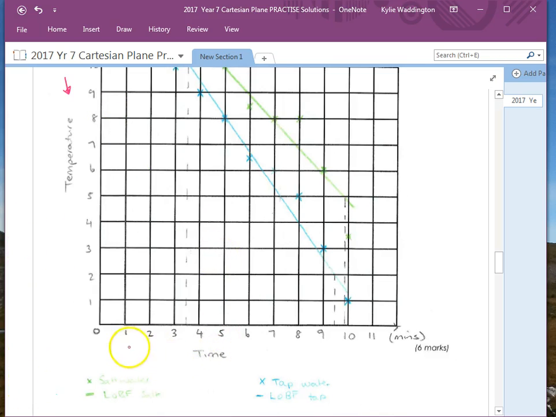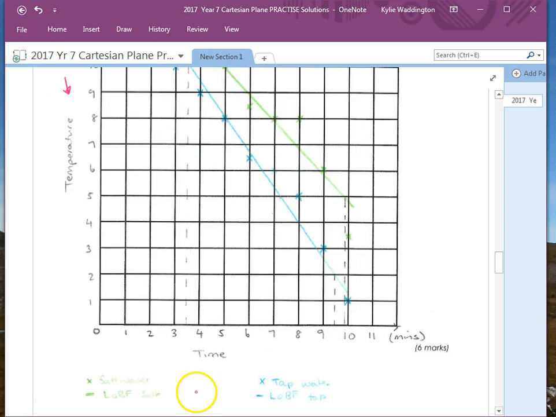And you'll see I've done the same thing for time. I've put the label down the bottom, the units and the numbers are fixed to the lines. Now, in my key, I've got the crosses as being the saltwater plots, and I've also added my line of best fit here. Our line of best fit, we'll deal with it in just a moment, but it's the line that best fits the results that you have.